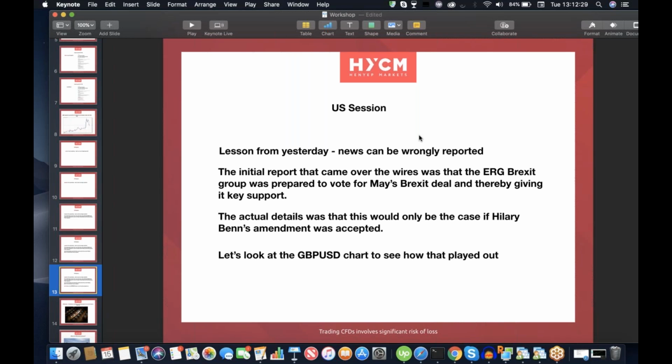People use a RAN squawk or a live squawk, and that squawks out the news and helps traders know what significant moves are happening. But this is just to show that sometimes the initial report comes out one way and then it's quickly clarified or denied, or the reality is not quite as good as it seems. So that was a good lesson to learn from yesterday's US session.